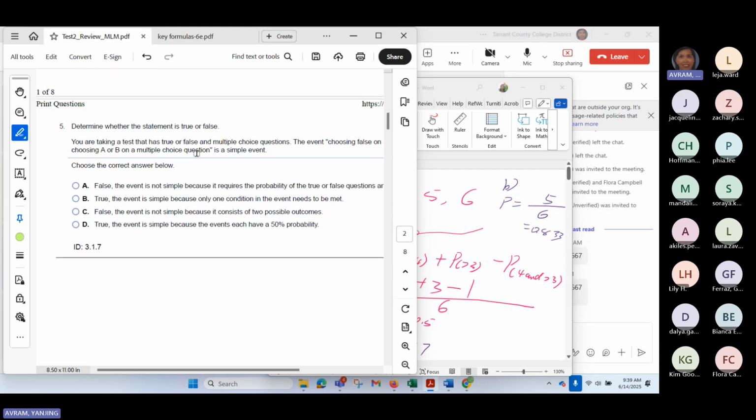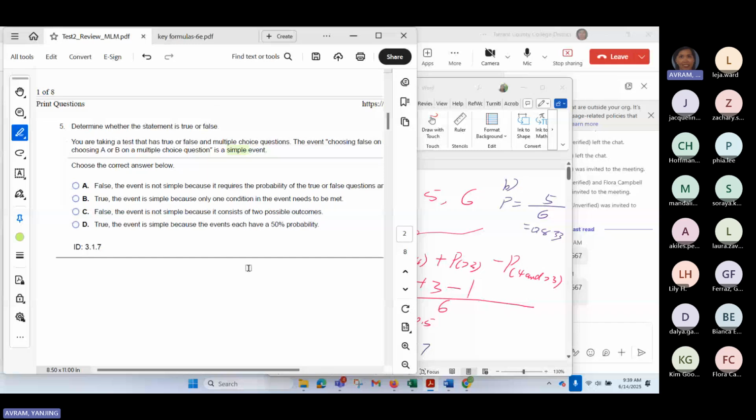Statement true or false. If you're taking a test that has true or false or multiple choice answers, the event of choosing A or B on the multiple choice question is a simple event. We said that earlier: a simple event means it's only one outcome.